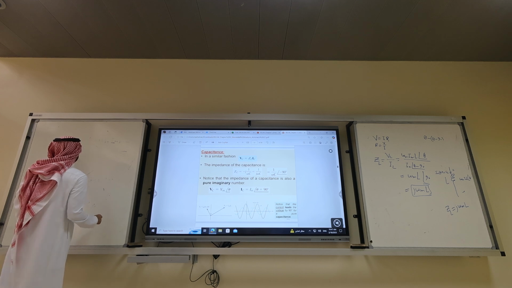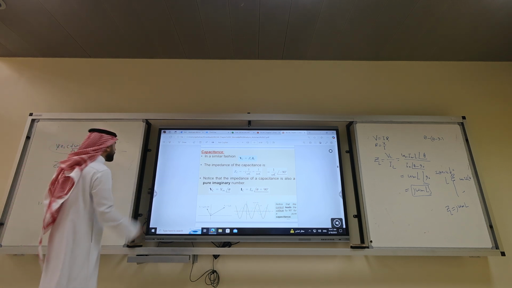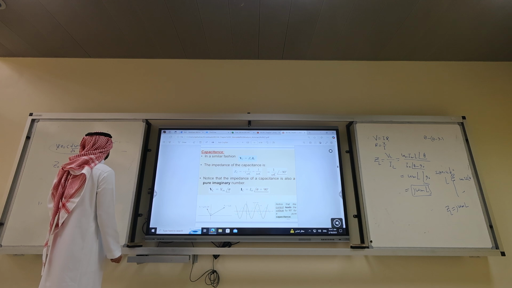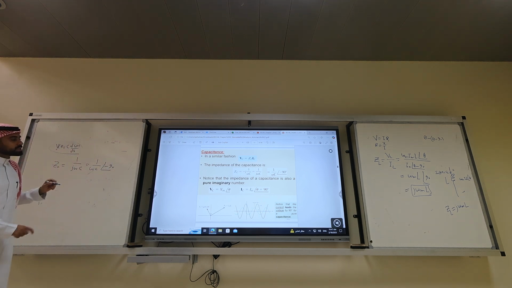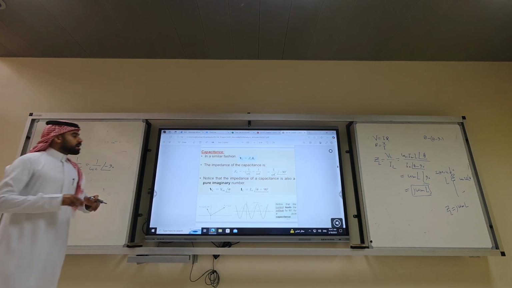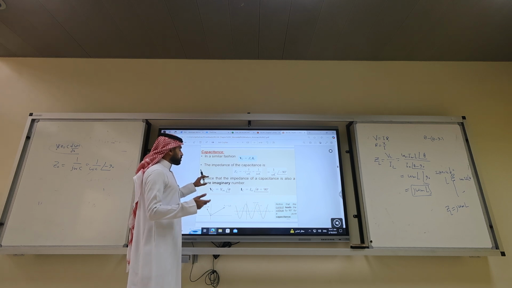If you do this as phasors, then Z of C equals 1 over J omega C, which in phasor is 1 over omega C angle minus 90. Put 1 over J in the calculator, it will be minus 90. Notice that the impedance of a capacitor is also a pure imaginary number, which is called reactance.